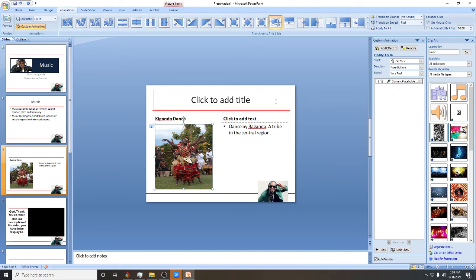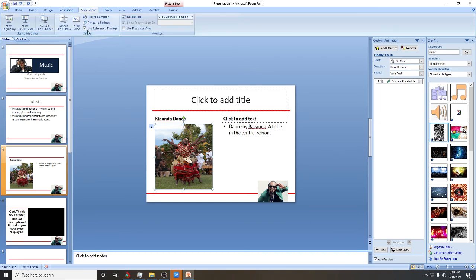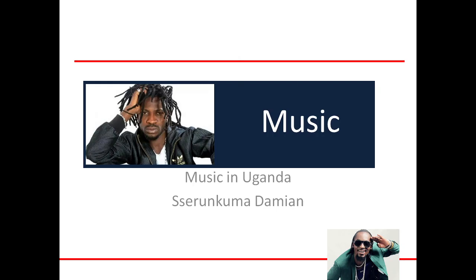Right, so you apply to all, and then simply let's play our animation in the slideshow, play from the beginning. This one had just the animation attached to the entire slide, so it's not going to have individual components. Let's play the next.